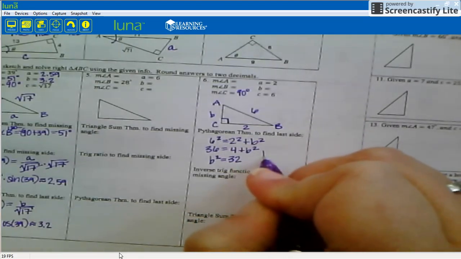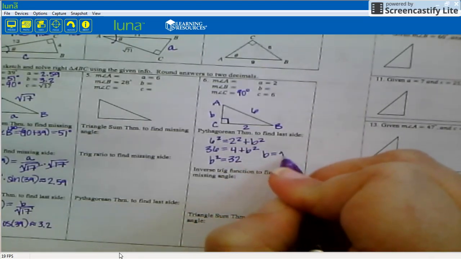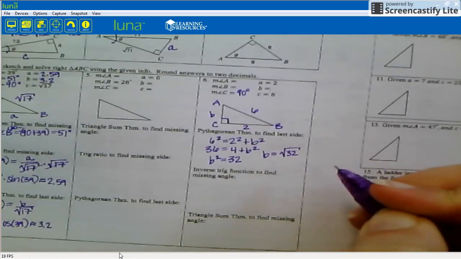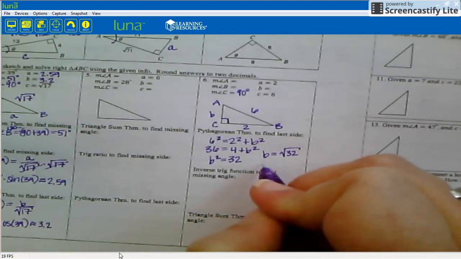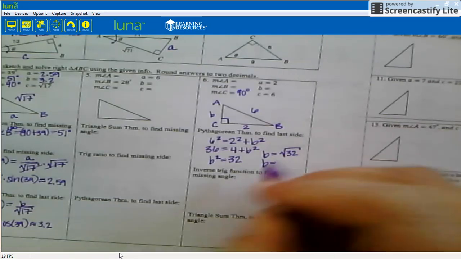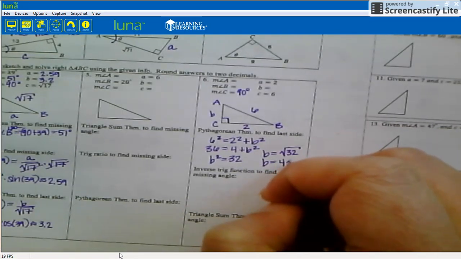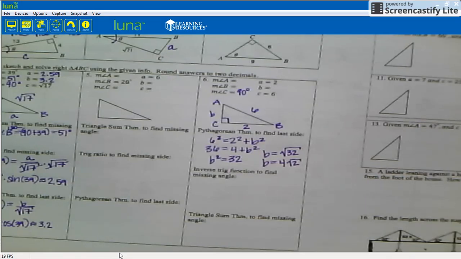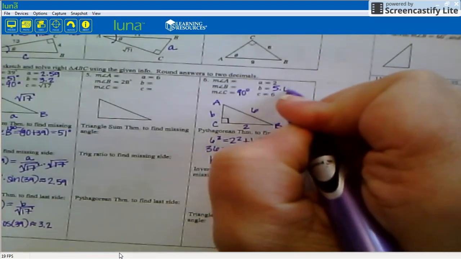And then when I take the square root of both sides, then I have b is equal to the square root of 32, which simplifies down, this factors into 2 times 16. And the square root of 16 is 4, so 4 square root of 2. And if I put that in the calculator and round it off to 2 decimal places, then I'll get 5.66 approximately.